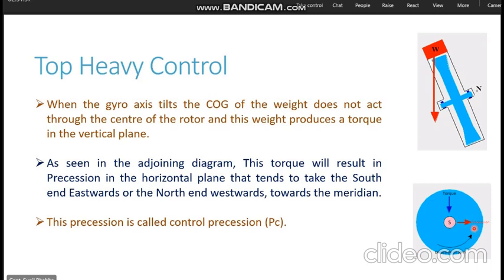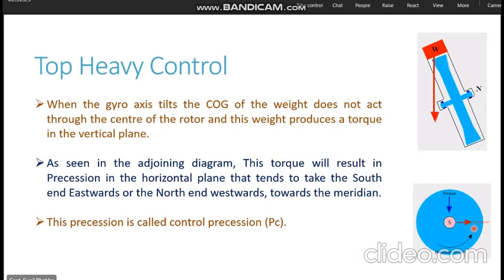If the south end is precessed in the eastward direction, the north end is going to precess westwards. Now, when the north end precesses westwards, it is going back towards the meridian. If you remember, the star was drifting, changing its azimuth in the easterly direction and tilting upwards.